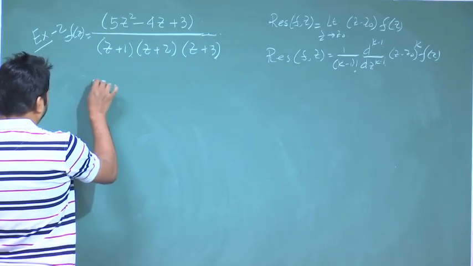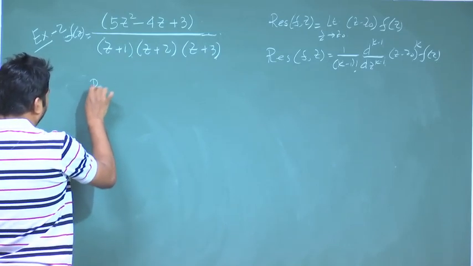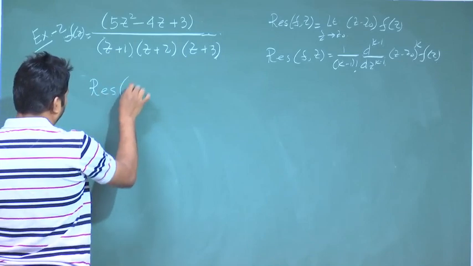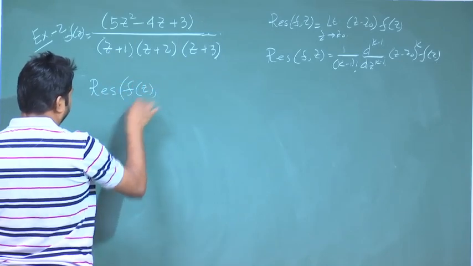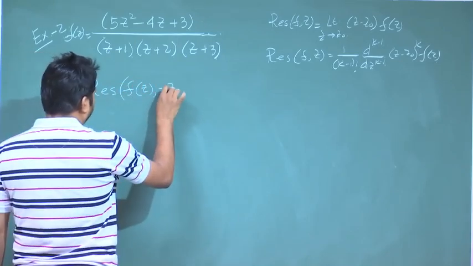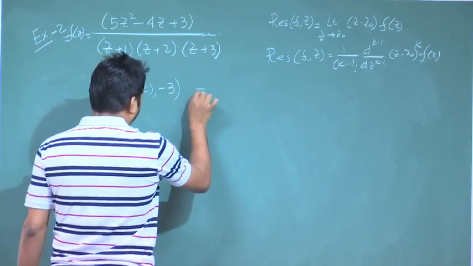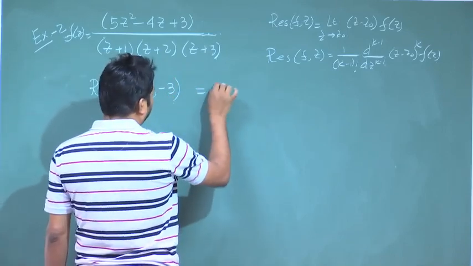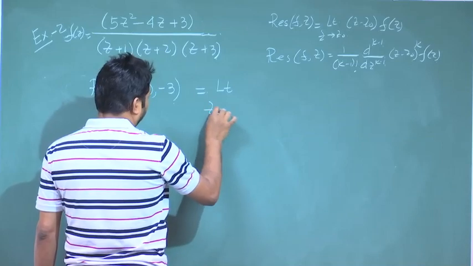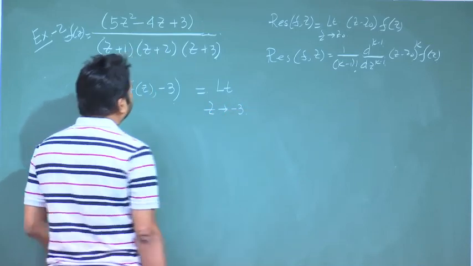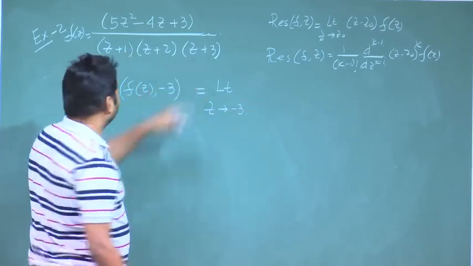Okay. So, finally I have to calculate the residue of f(z) at the minus 3 point. So, again it will be just the limit z tends to minus 3, and z plus 3 will cancel out.